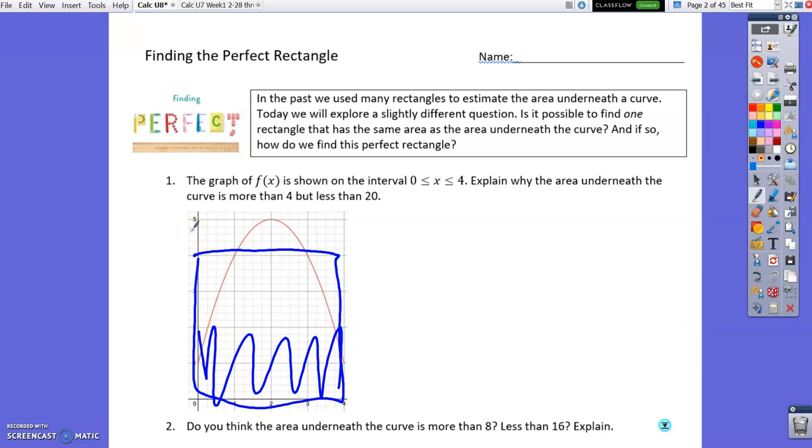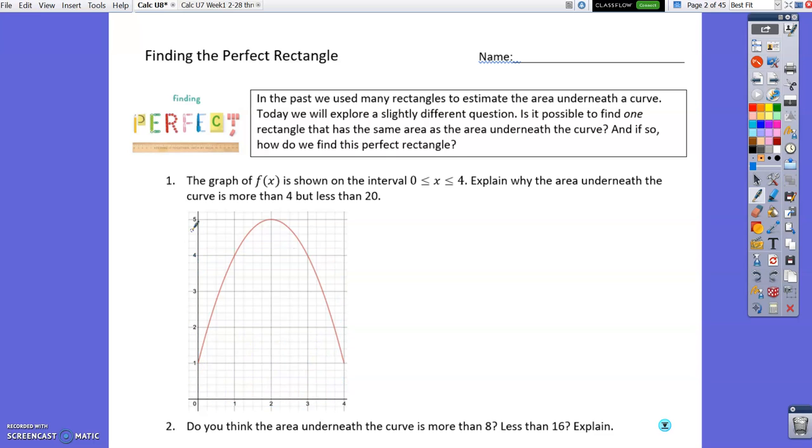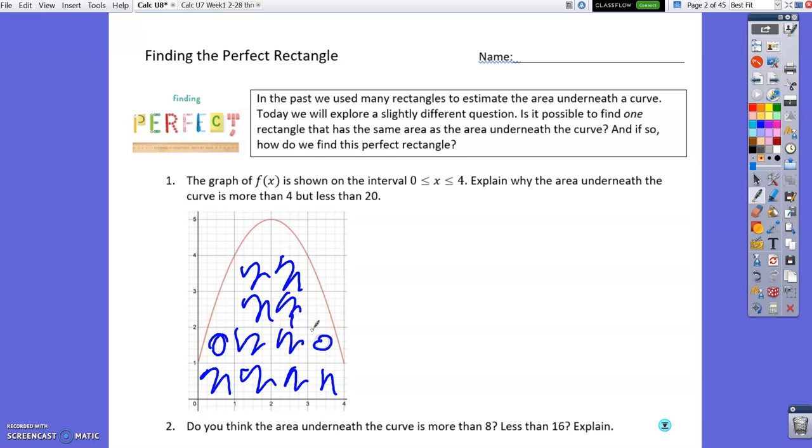In that sense, I absolutely think it's still somewhere in between. If I was going to guess an area for this, like 1, 2, 3, 4, 5, 6, 7, 8, 9, 10. Okay, so it's clearly bigger than 10, but this is almost 11, 12. These two together maybe make another one, so 11, 12, 13, 14.